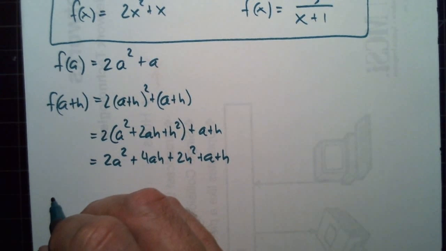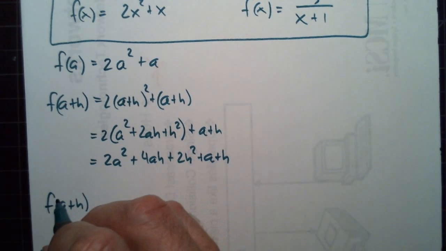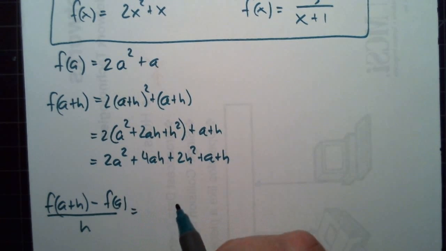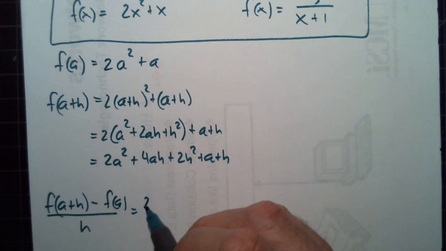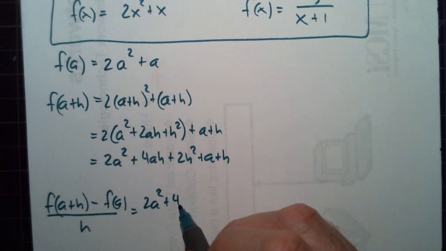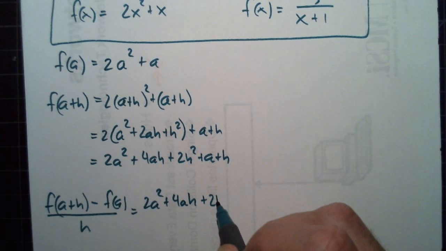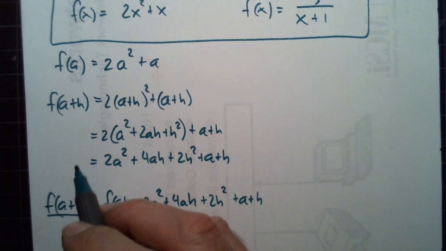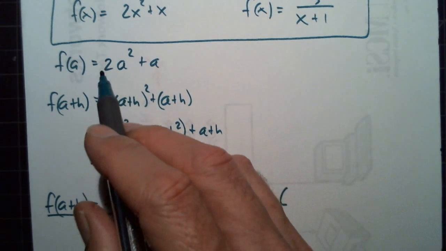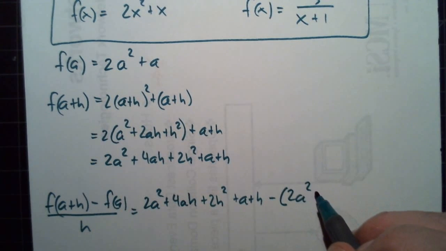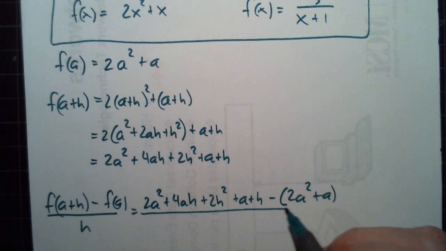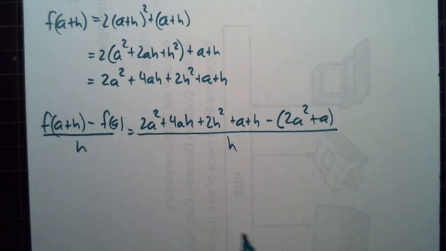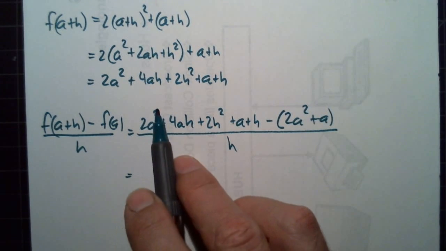Then when we have the difference quotient, we're just going to copy this. F of a plus h, and then we're going to go minus 2a squared plus a, and over h. So now we want to have 2a squared.